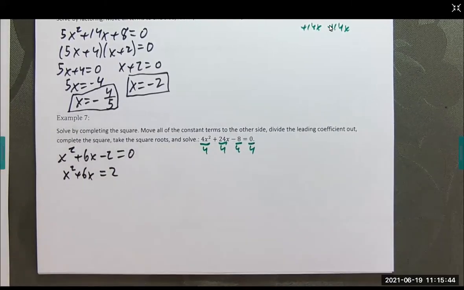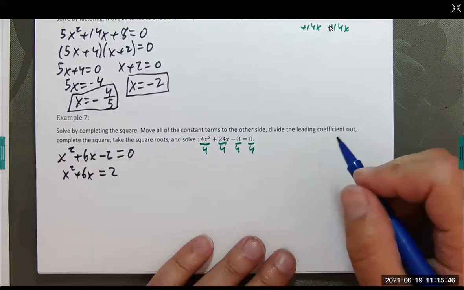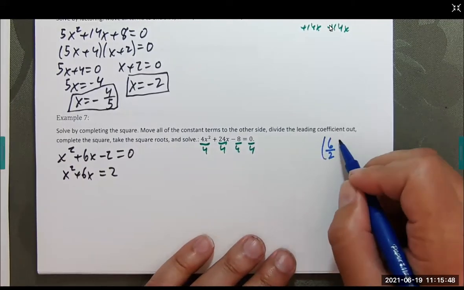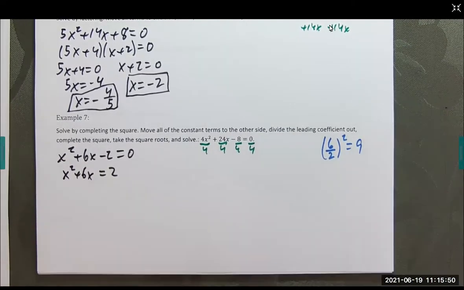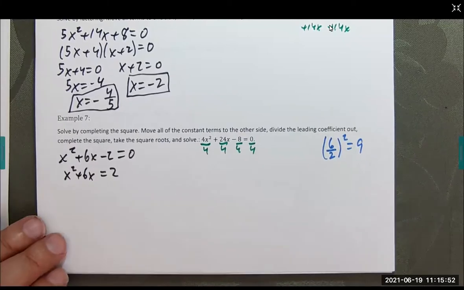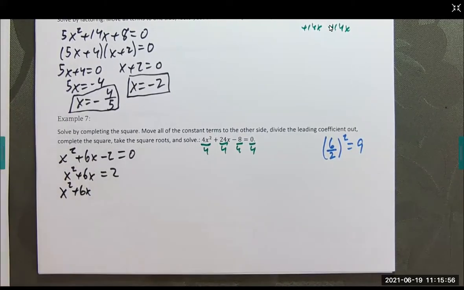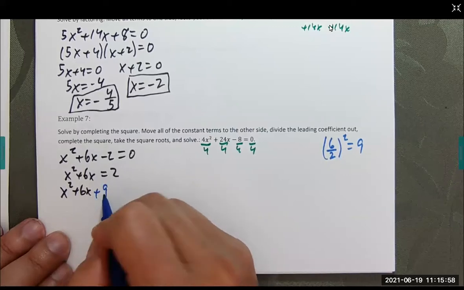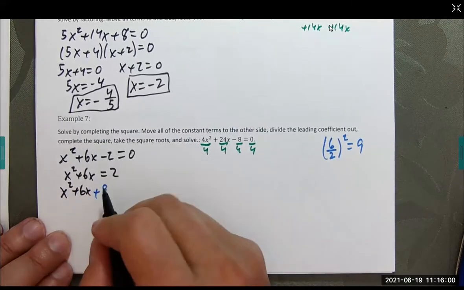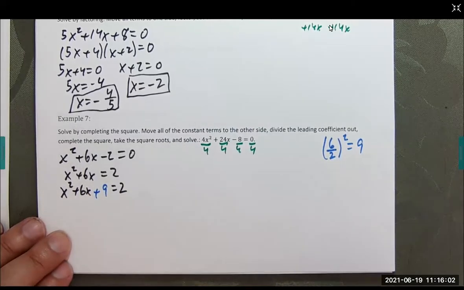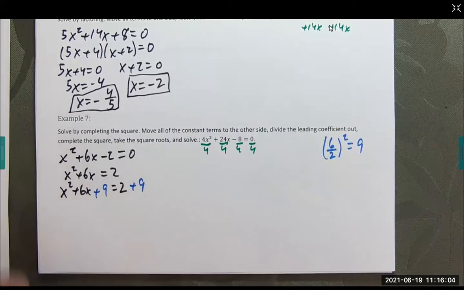If you remember, 6, I cut it in half, and I square it. I'm claiming this is now a perfect square.